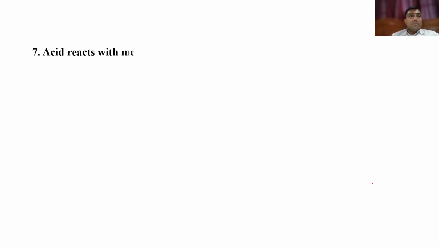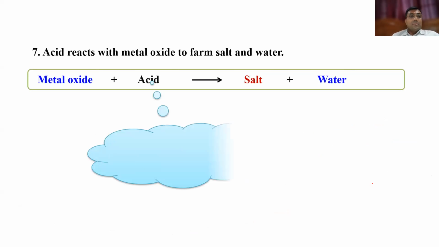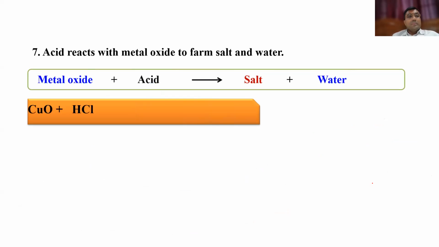Now I'll ask some questions for you shortly. Acids also react with metal oxides. Let us see what it forms. Metal oxide plus acid gives salt plus water. Let us see an example.